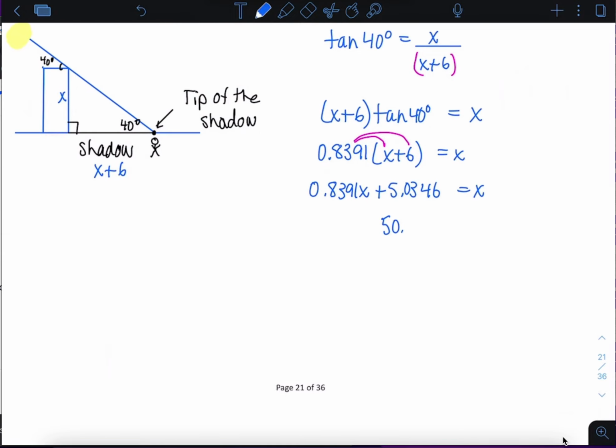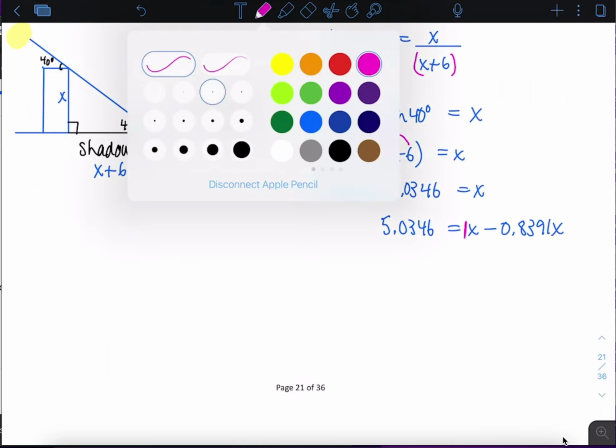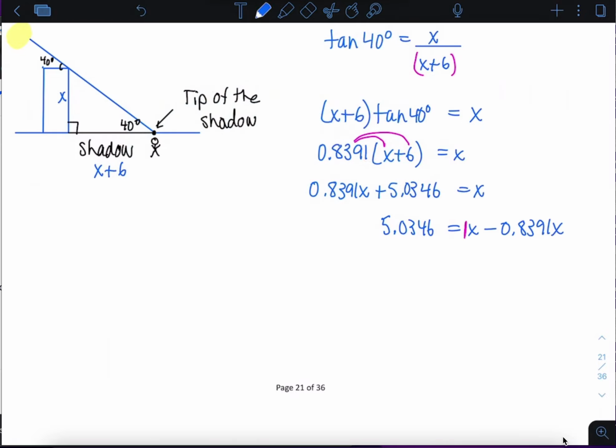And now I have to isolate x. So I'm going to collect like terms by bringing 0.8391x on this side. And just a reminder that there's a 1 here, so all I do in my calculator is I type in 1 and then I subtract 0.8391 to get 0.1609x.